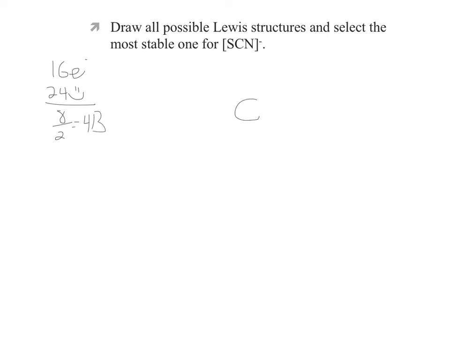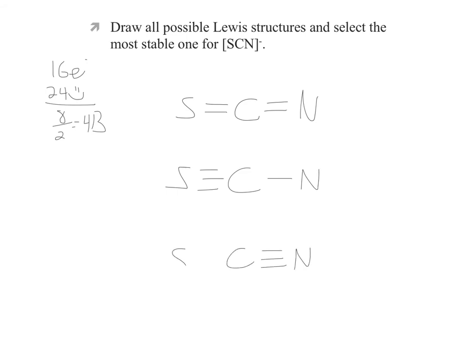I've got 3 things: carbon, nitrogen, and sulfur. And if I get 4 bonds between those things, I can have a triple bond on one side or the other, or double bonds on one side or the other. And we'll fill in all of their octets.